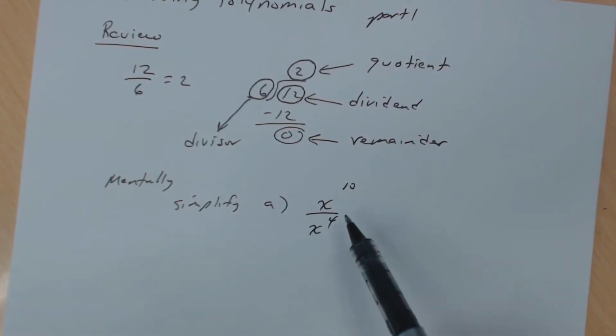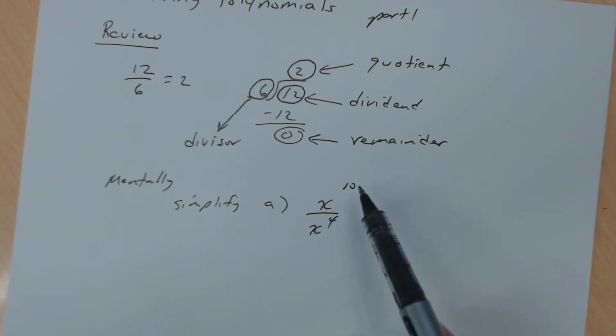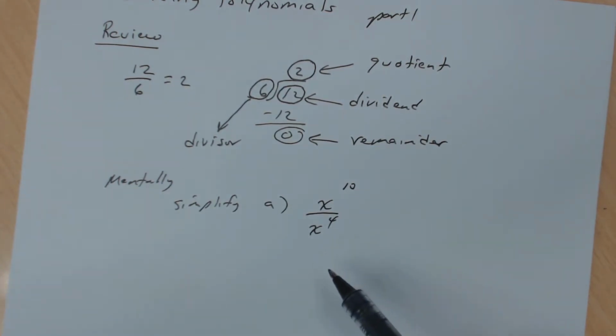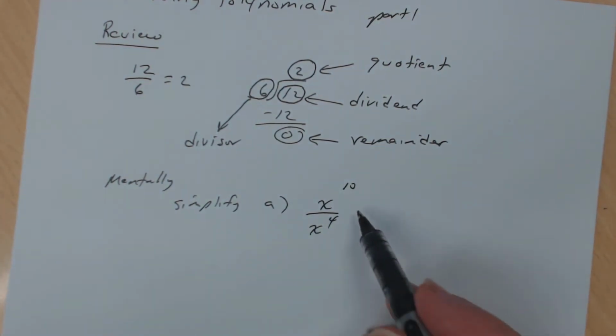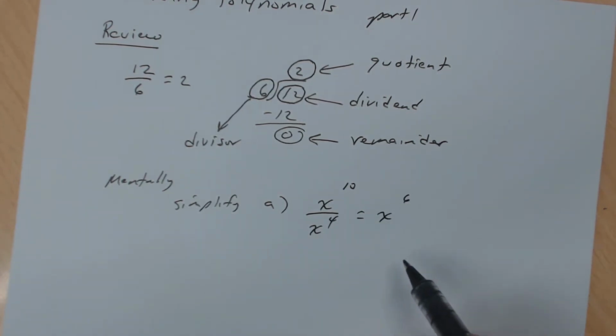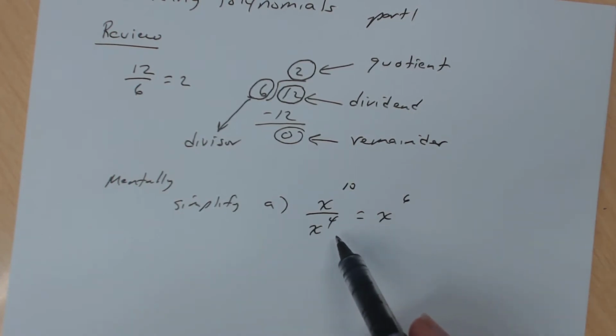Remember, using the quotient rule, when I divide like bases, I subtract exponents. So I need for you to think about this in your head. 10 subtract 4 is 6, so this becomes x to the 6th power. All right? So you're going to use this idea as we do these long divisions when we start dividing polynomials.